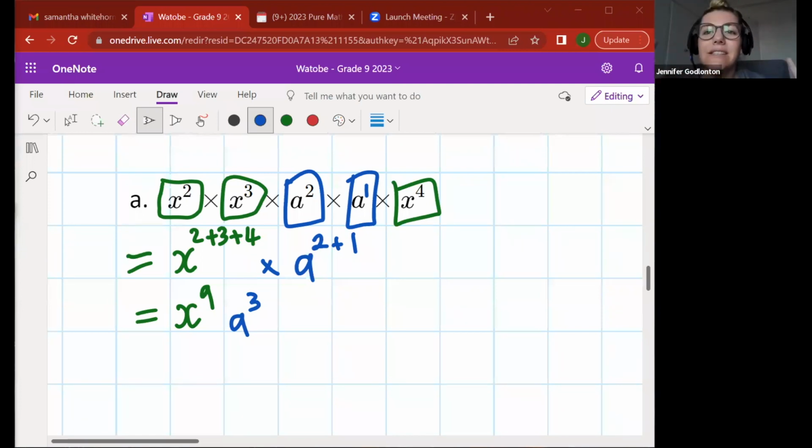The easiest thing to do with exponents, your best friend with exponents, is highlighters. If you just highlight each of those different variables, like all your x's are one color and your y's are another color, it makes it so easy for your brain. That's 100% okay to do at school. Okay, thank you, ma'am.